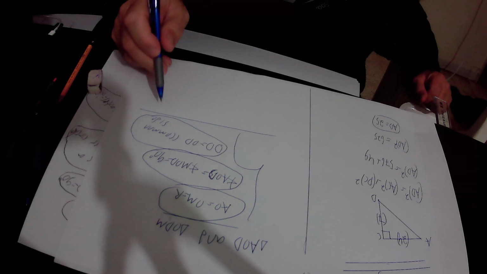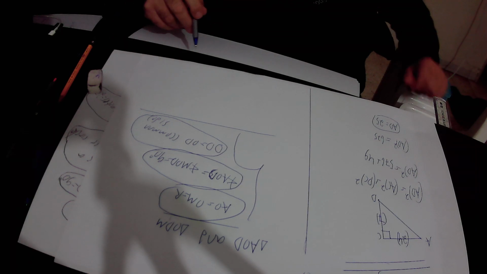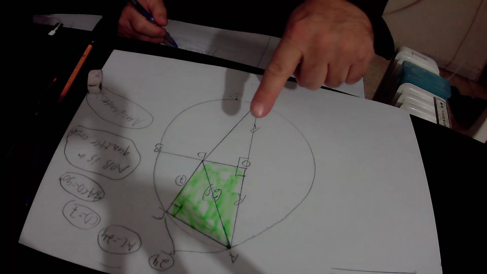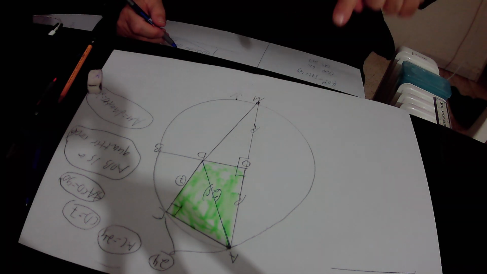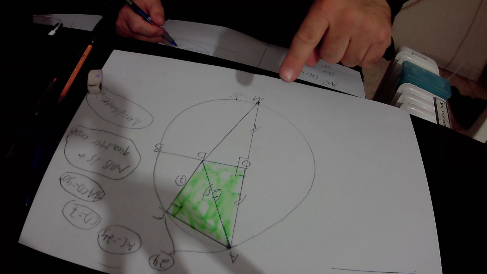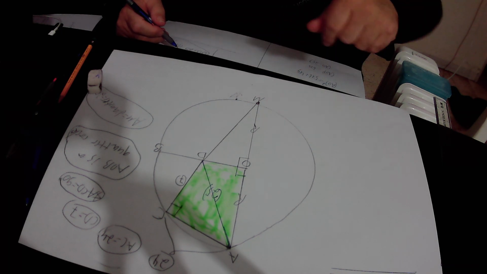It's a common side that belongs to both triangles. So we have actually proved that the green triangle AOD can go into the white triangle ODM according to the side angle side rule.